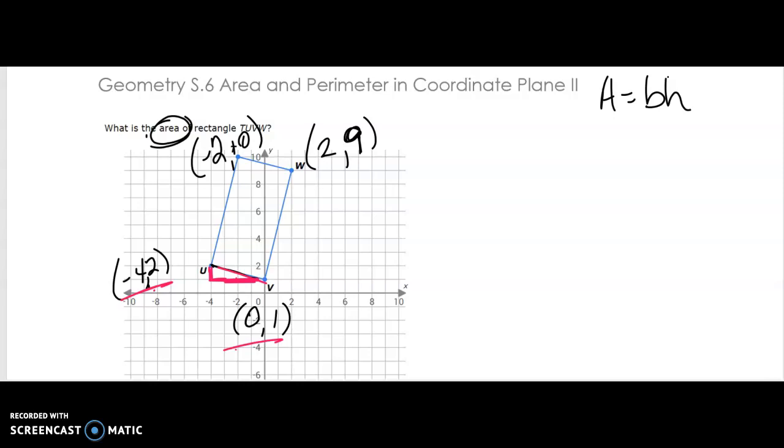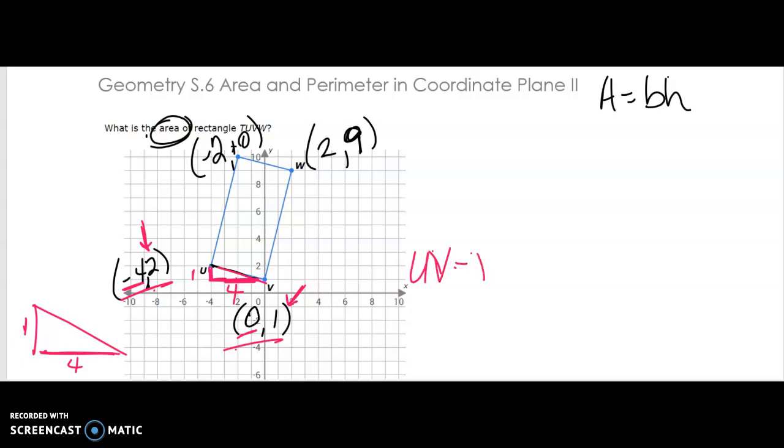If I go from -4 to 0, that is 4. If I go from 2 to 1, that is 1. So I'm looking at this triangle, which has a base of 4 and a height of 1. So we're going to use the Pythagorean Theorem to find UV.